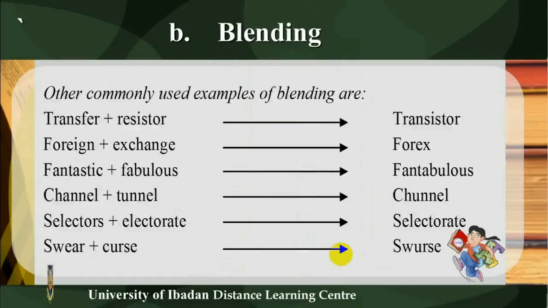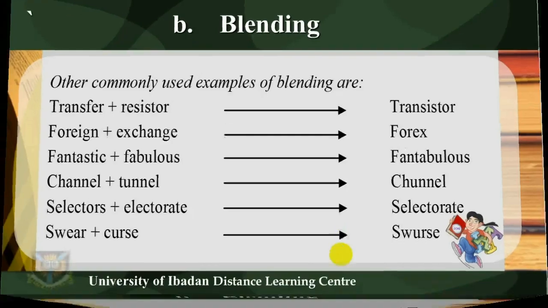Other commonly used examples of blending are transfer plus resistor, transistor; foreign plus exchange, forex; fantastic plus fabulous, fantabulous; channel plus tunnel, chunnel; selectors plus electorate, selectorate; swear plus cause, swears.